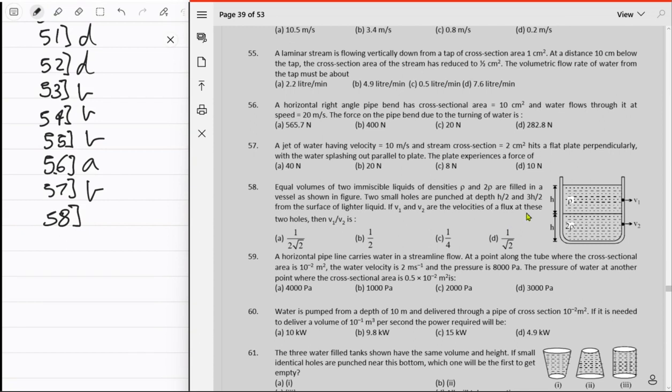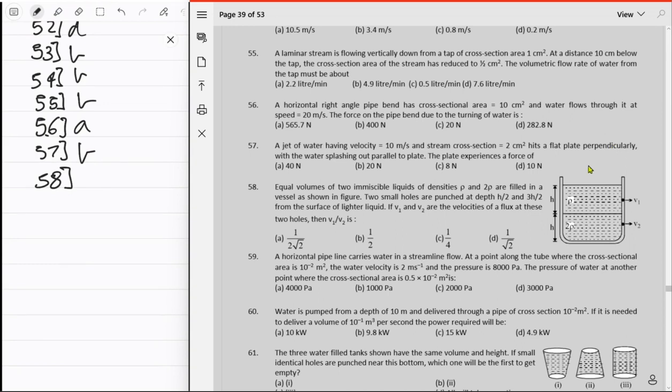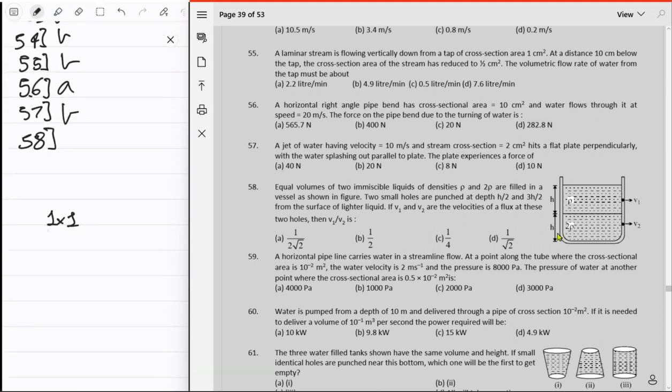For the first, you got 1 rho, and let's say h/2 is a unit. So delta p is in proportion 1 times 1. For the second, it's 1 times 1 plus 1 times 2, so it's 4. So 1 versus 4, that's the delta p. Of course this will have twice as much velocity, so v2 is 2 times v1. So v1/v2 is 1/2. That's the answer.